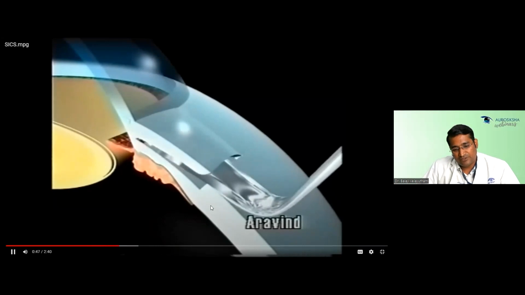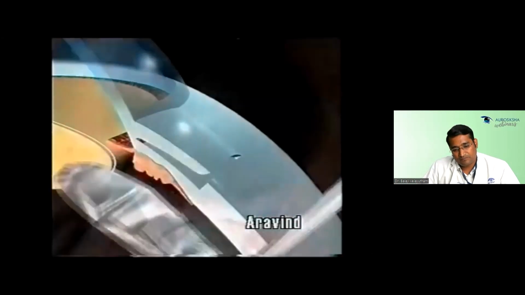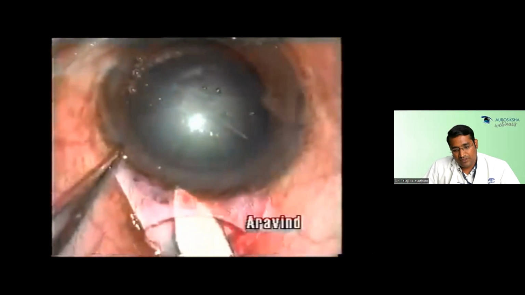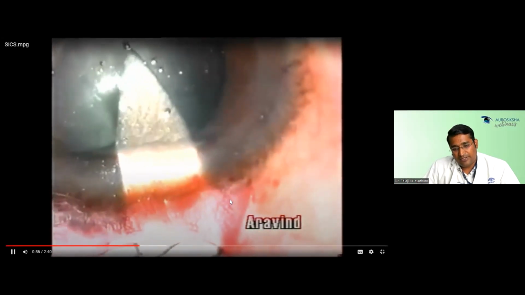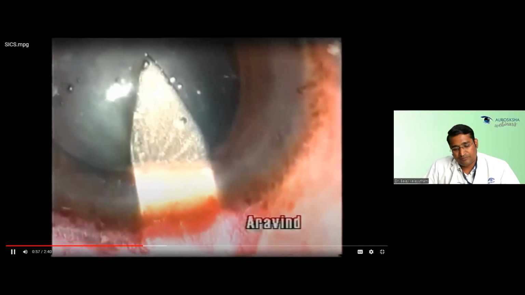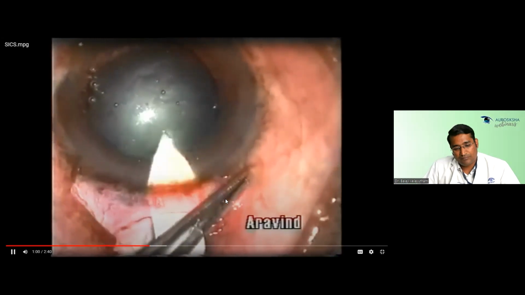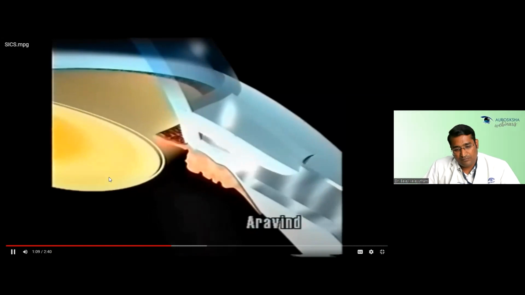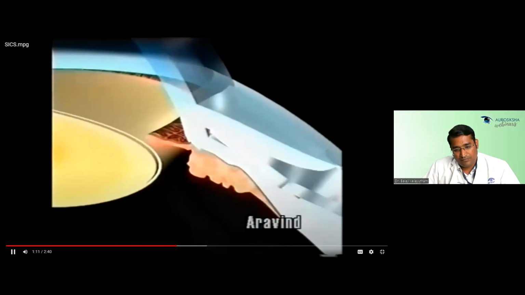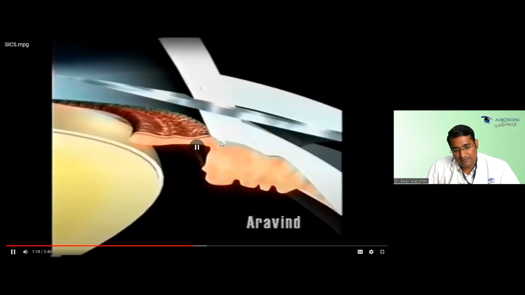Now that the tunnel is formed, a keratome entry is made, completing the third plane. The keratome is going into the second plane, and the dimple is made, and the third plane is made.